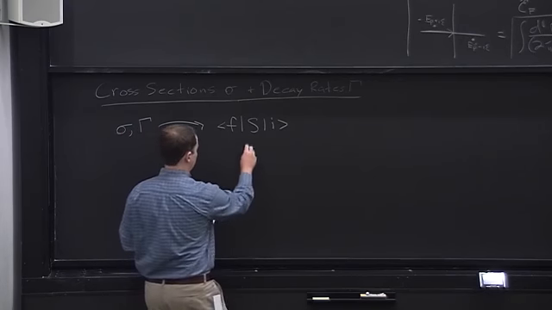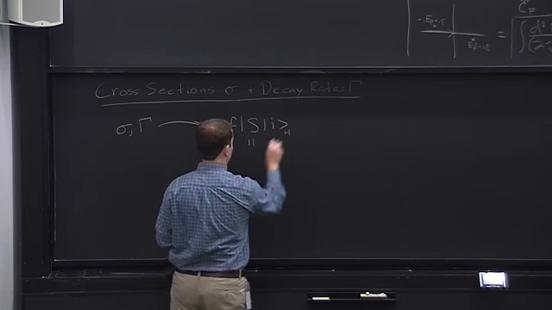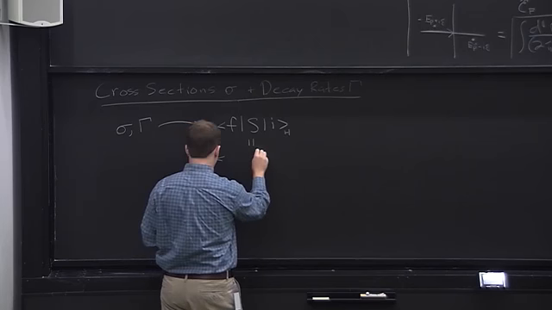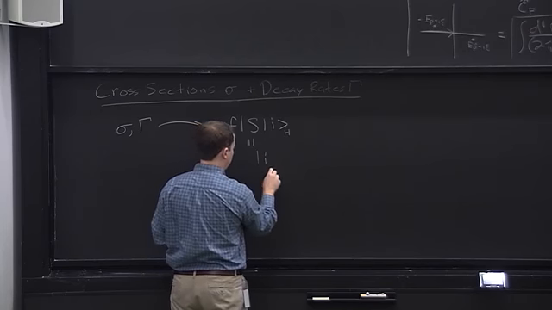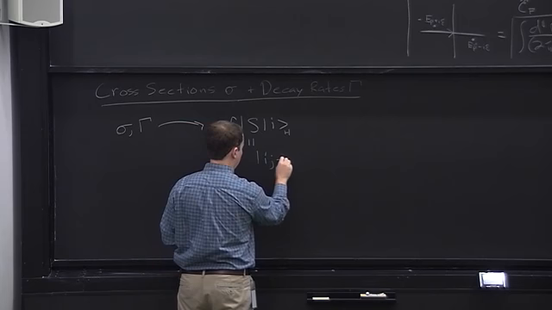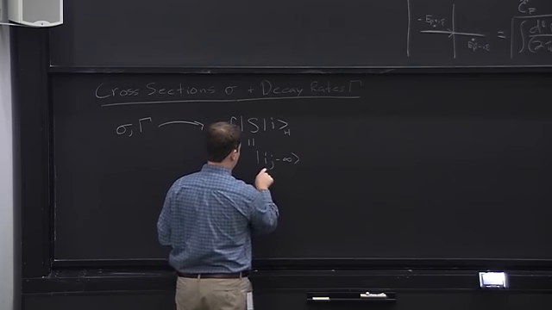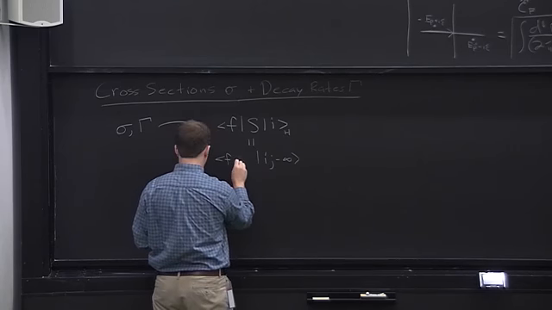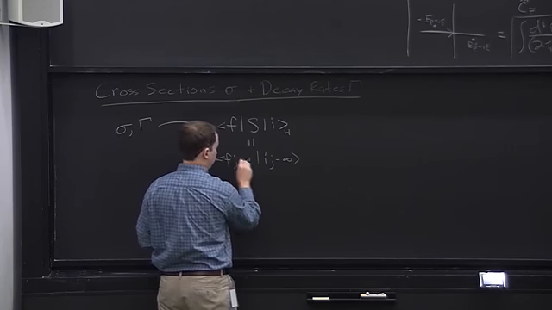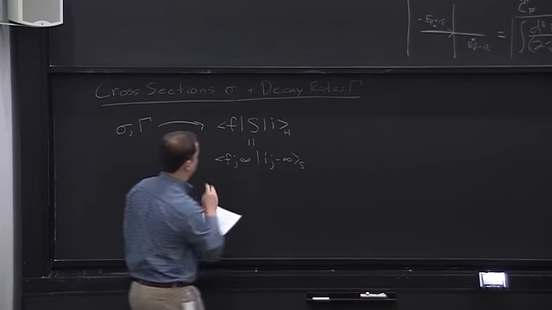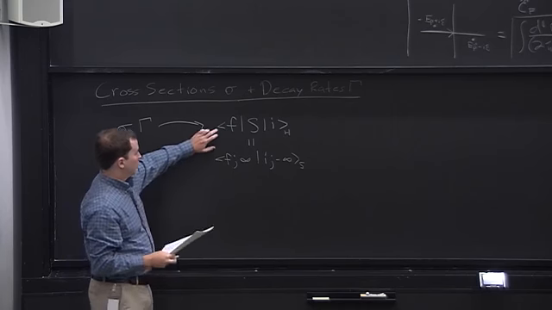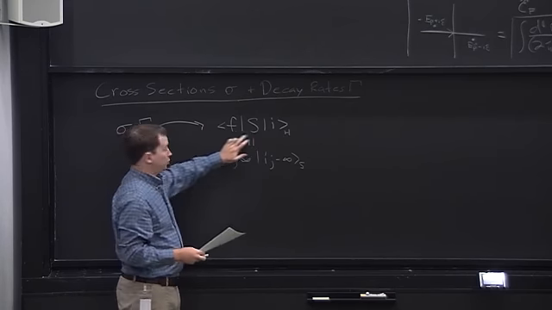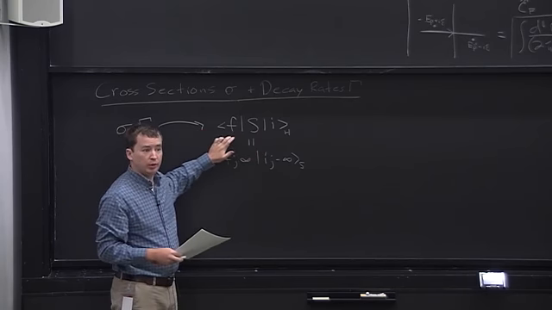Or equivalently, in the Schrodinger picture, we could write this as: we're interested in some initial state at time minus infinity, and we want to compute the overlap of that state with some final state at time t equals infinity. And if we can compute this, we can understand all of the dynamics of the theory.